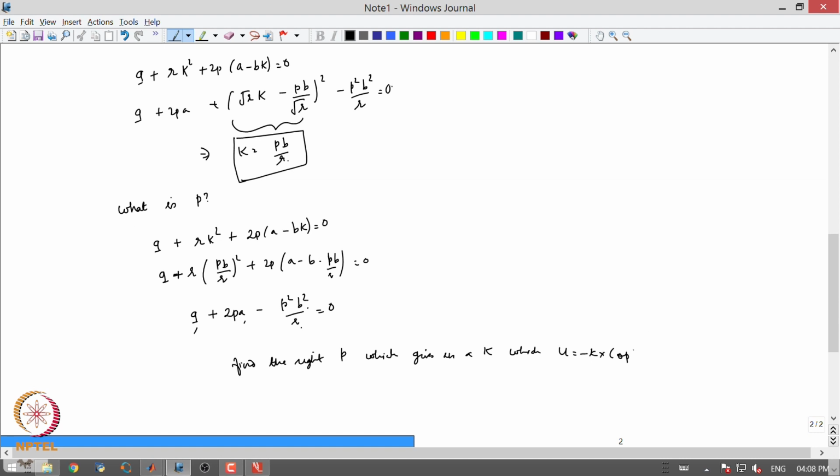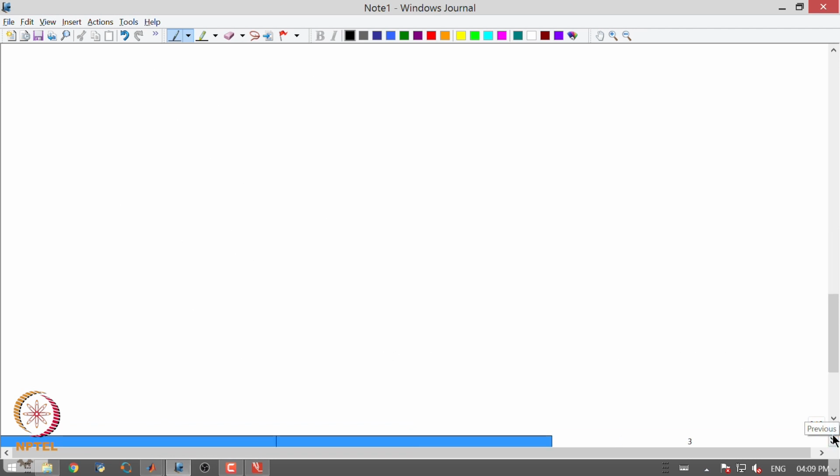This is my optimal control law. Okay. In another way, I can also maybe just quickly differentiate this with respect to k, and then get the same relation, right. Okay, that's a very simplistic way of looking at it from a scalar system point of view.